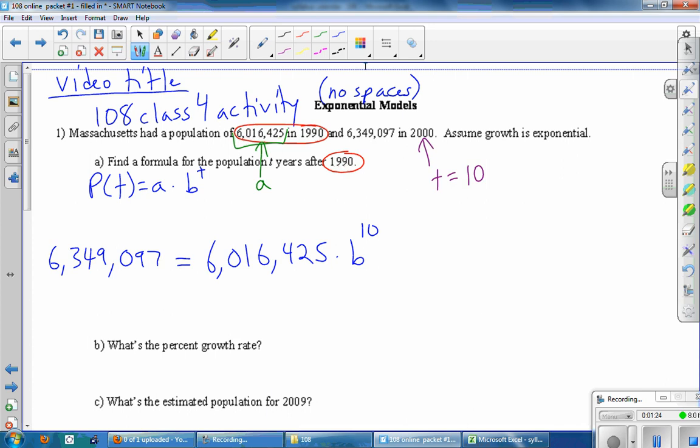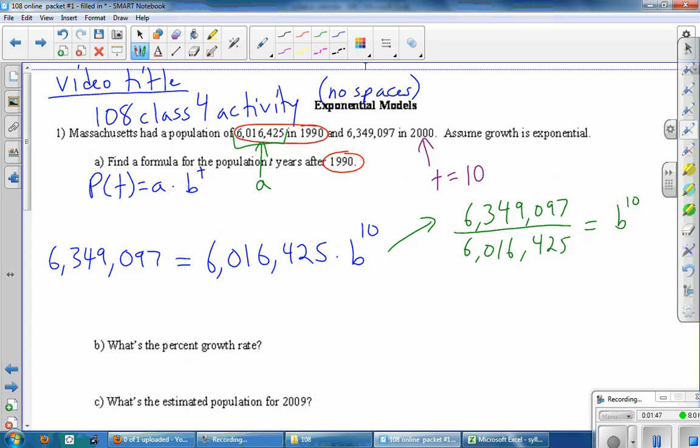Okay, and all we need to do here is solve for b. So let's divide both sides by the 6,016,000 number. So I'm just going to do this over here. That's equal to b to the 10th.